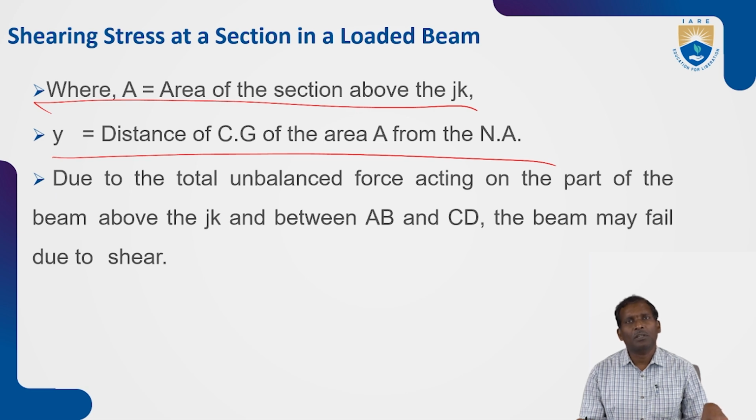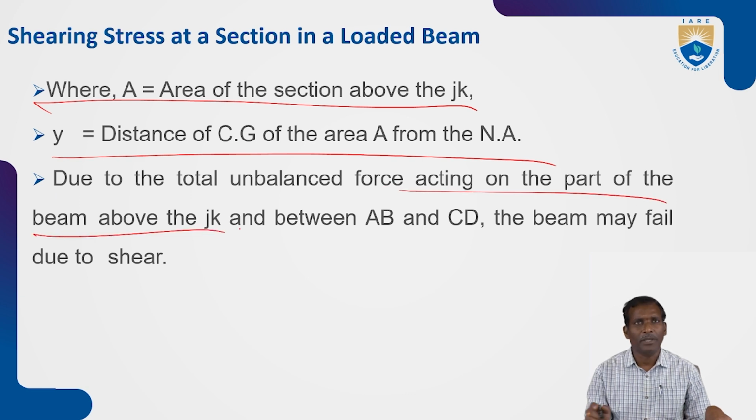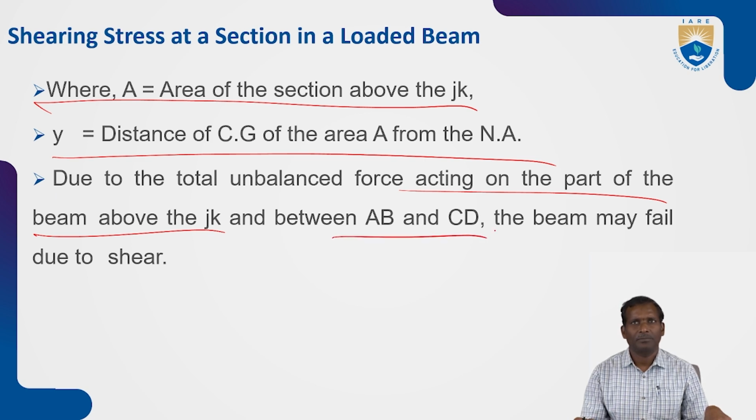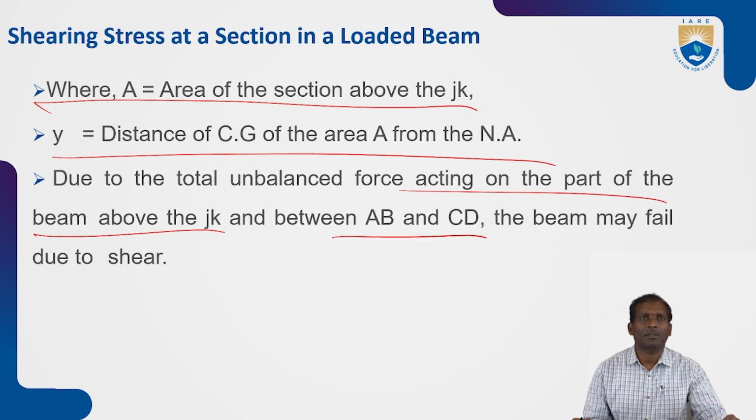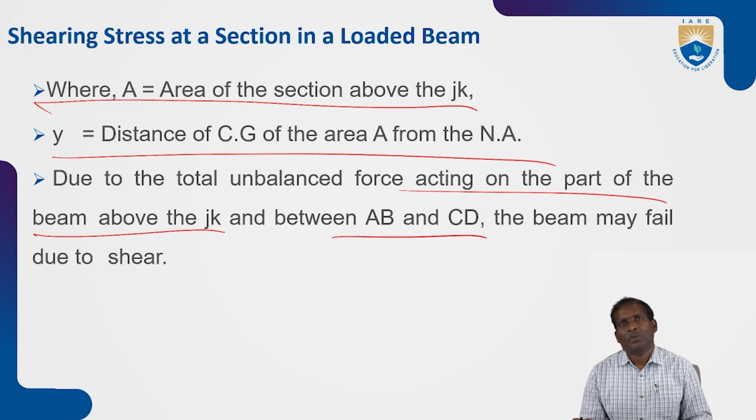So due to the total unbalanced force acting on the part of the beam above the JK and between the AB and CD, the beam may fail due to shear.